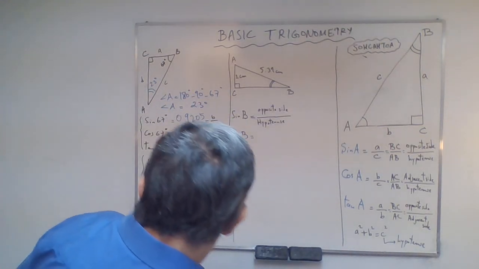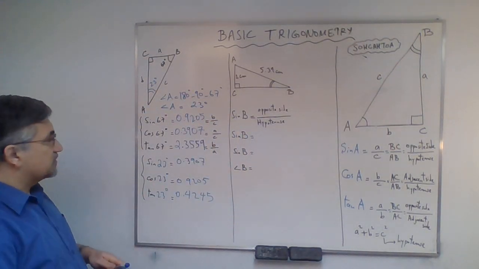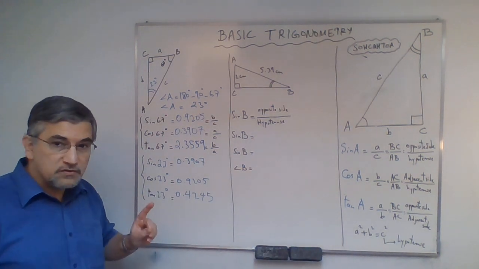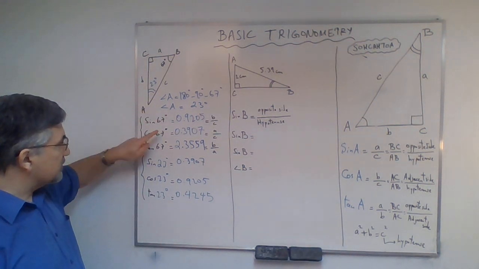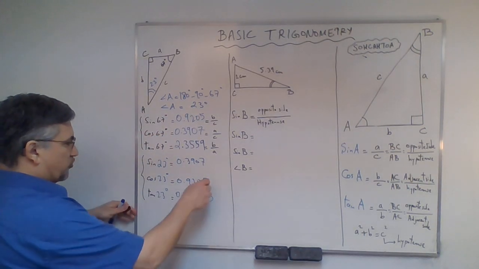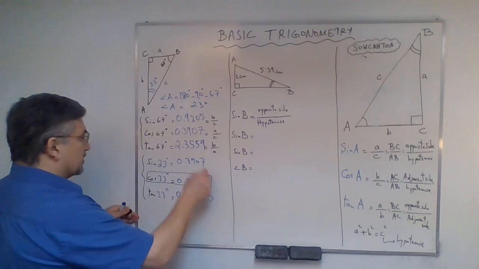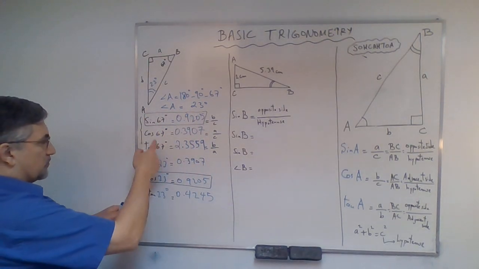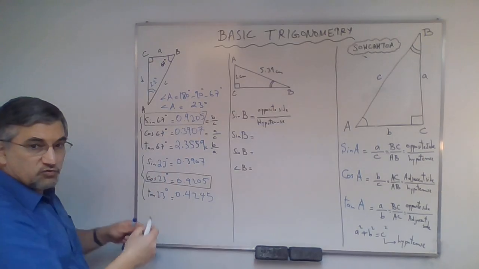Okay, so now another thing you might have noticed, just a side note, is that sine of 67 was matching with cosine of 23. You see that here? Cosine of 23 and sine of 67, they're matching. And also, cos of 67 matches with sine of 23.